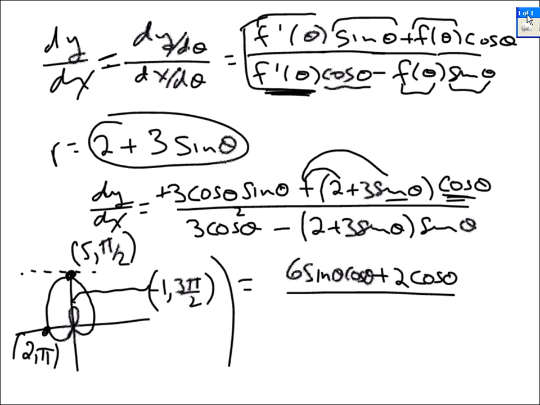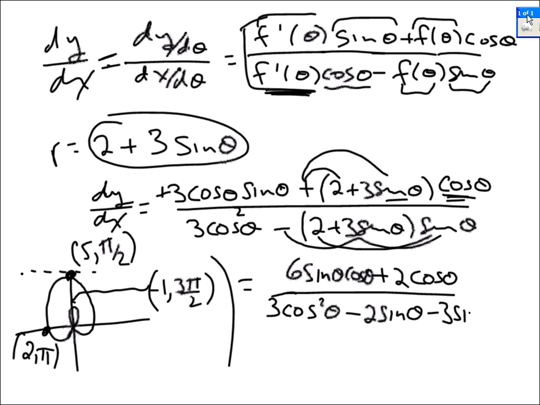In the bottom, we have 3 cosine squared theta minus 2 sine theta minus 3 sine squared theta. And we can leave it like that. In fact, we will.